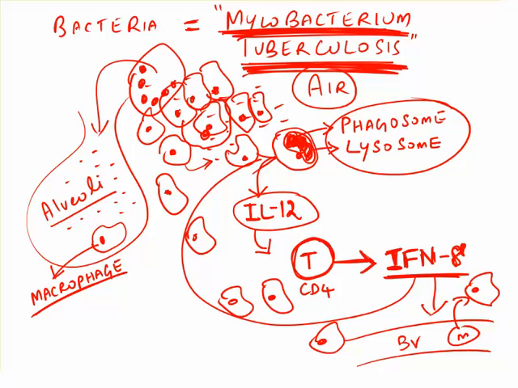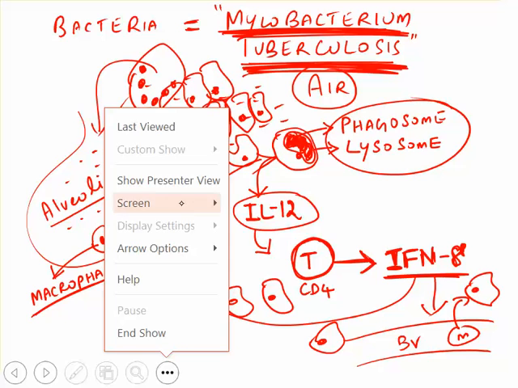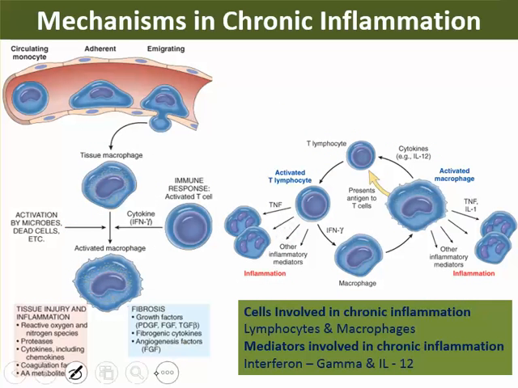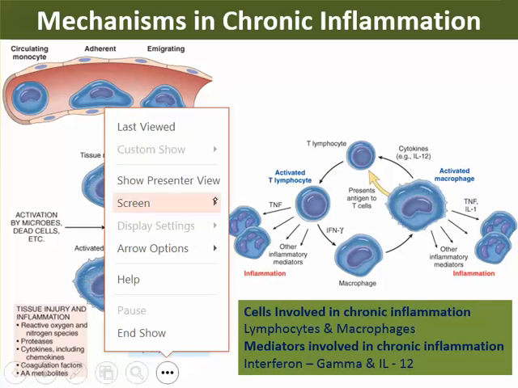Understand? So now the person taking the mycobacterium inside, it goes to the lung. In the lung we have macrophages, and the macrophage takes the mycobacterium. One second, I'll draw. Now you people try to engage. This is the mycobacterium, right?